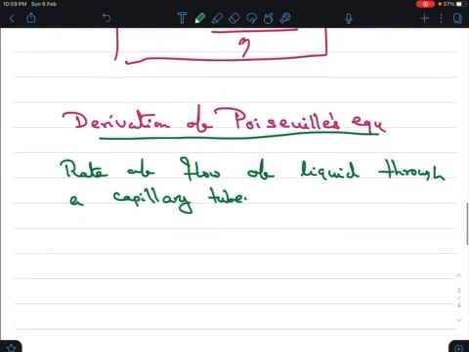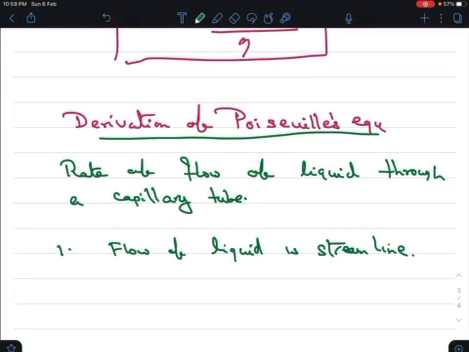We assume certain things here for the derivation. The first one is, we assume that the flow of liquid is streamlined.